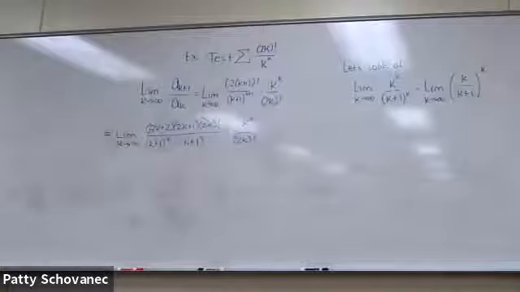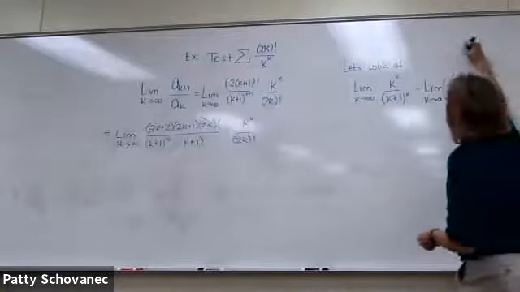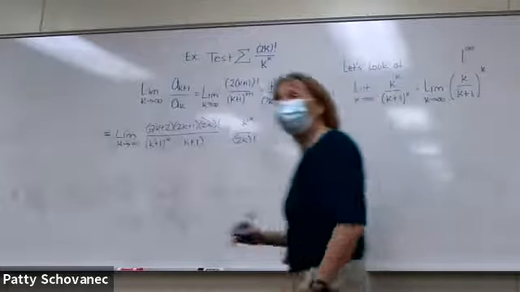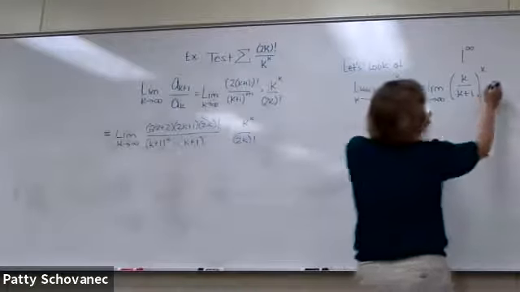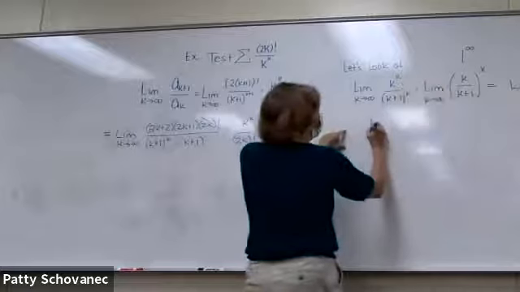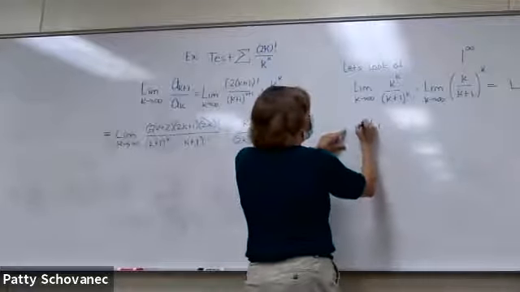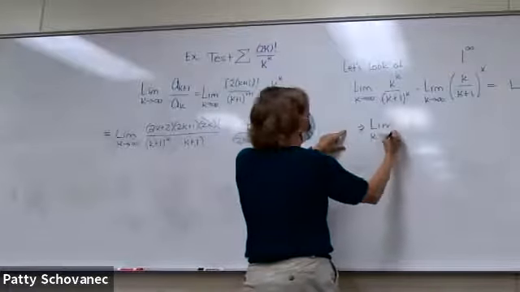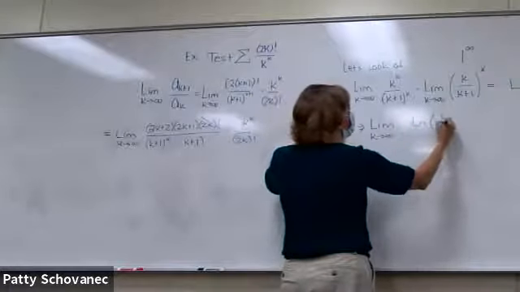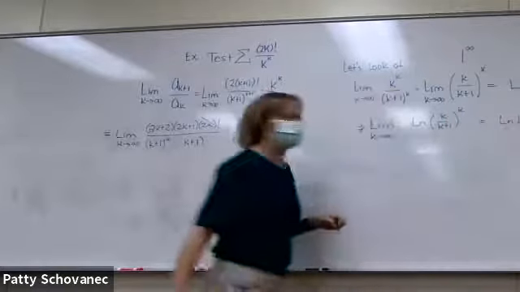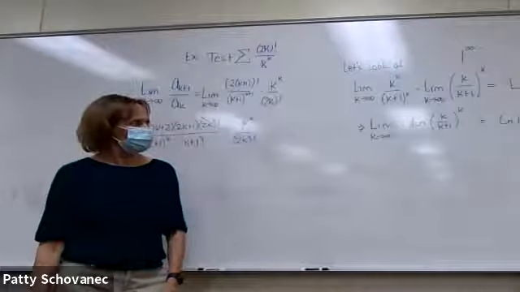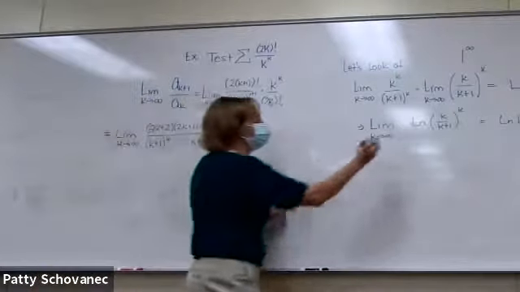Because when you look at it like that, this has the indeterminate form of 1 raised to the infinity power. How do we do limits like that? Use a logarithm. Gotta use a logarithm. So let's pretend that this is some number L and take the natural log of both sides. Because that logarithm lets me bring the k down in front.